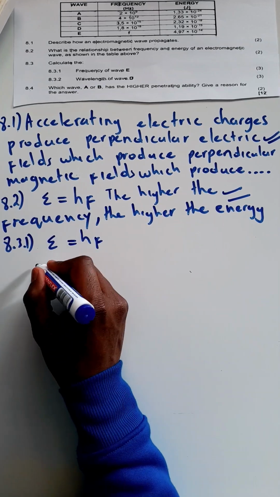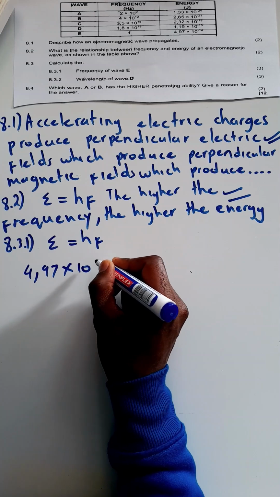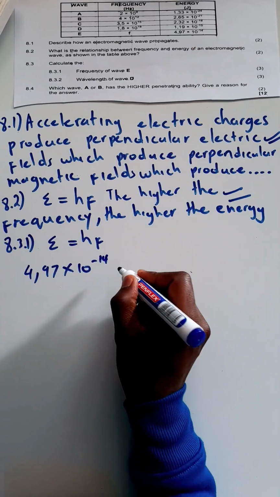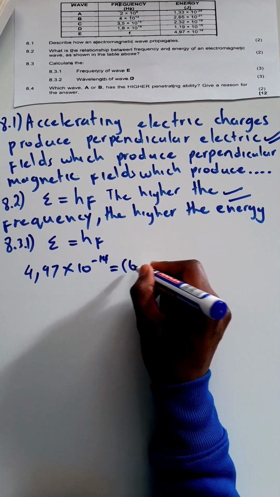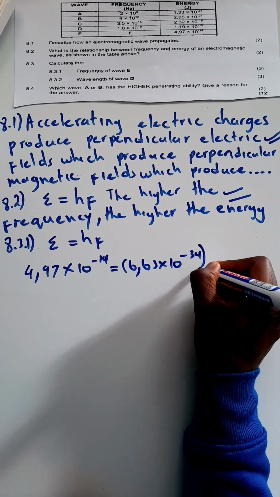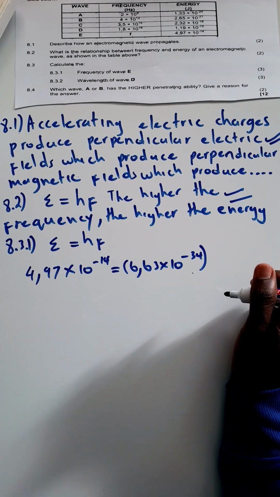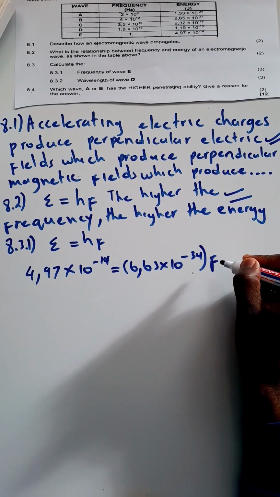The energy for E is 4,97 multiplied by 10 to the power of negative 14, which is equal to Planck's constant, 6,63 multiplied by 10 to the power of negative 34, a constant, and then the frequency is what we are trying to calculate.